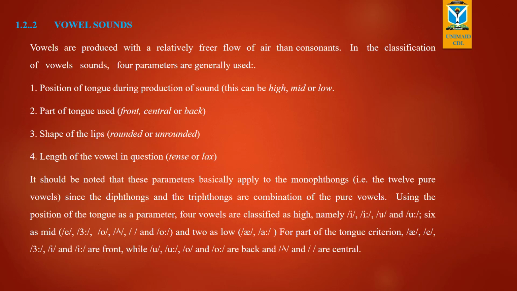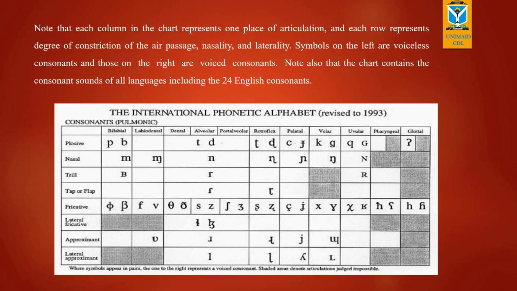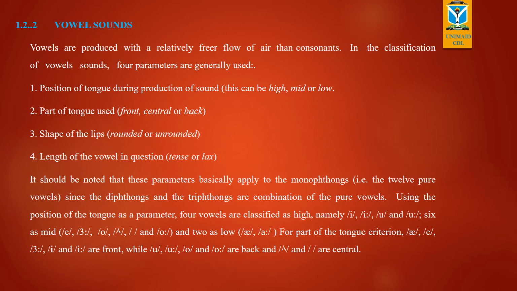These are what? Mid vowels. Then you have low vowels. And for the low criteria, 2 vowels are produced. And these are the vowels.